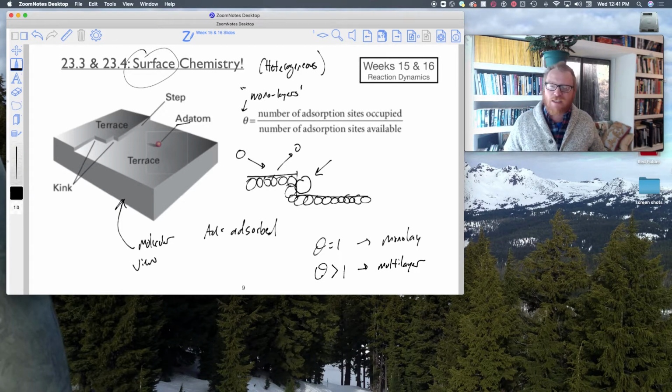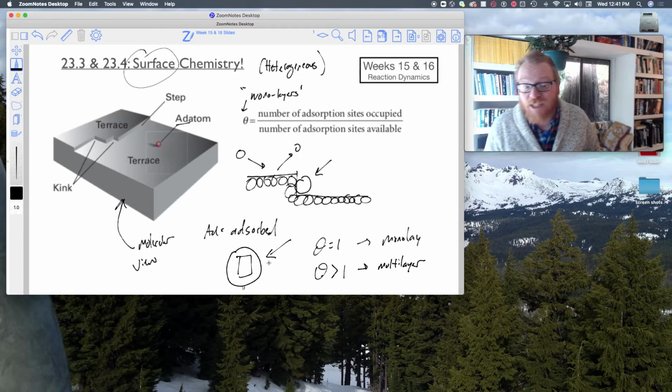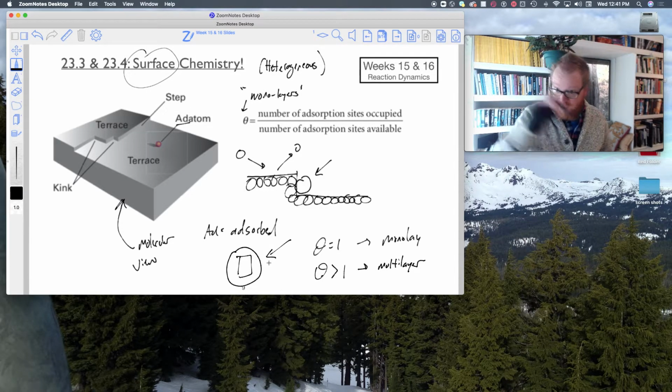Does it even look like a chunk of salt anymore, or does it just look like a particle of water? Hopefully you see what I mean. If I've got a salt crystal surrounded by a multilayer of water and other gas molecules come in to interact with it, they're really only interacting with water, not the salt that lies under the adlayer, okay?